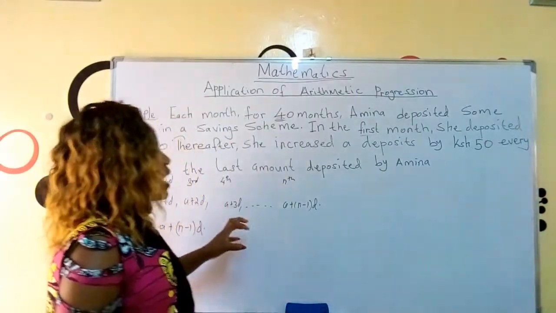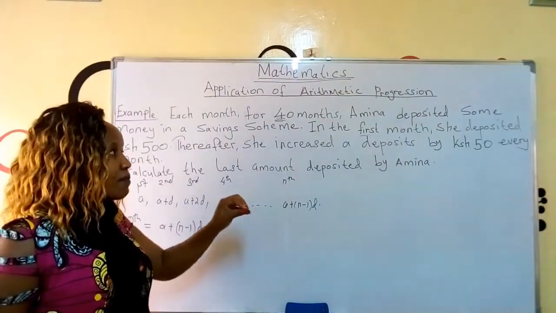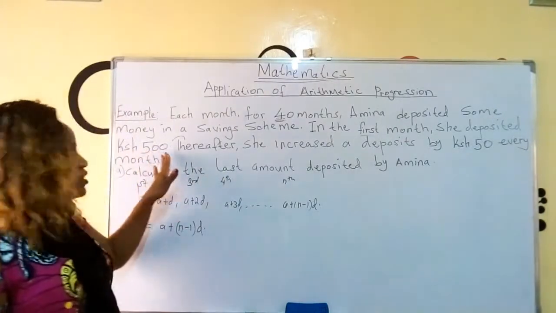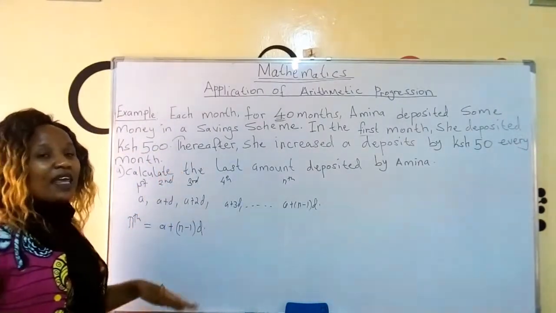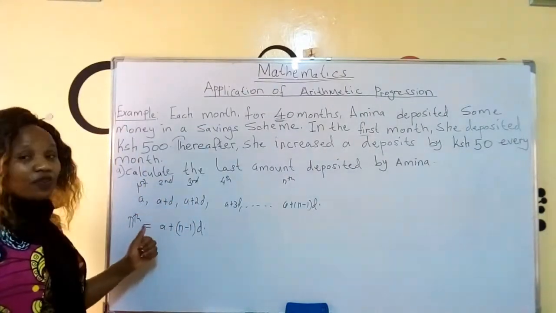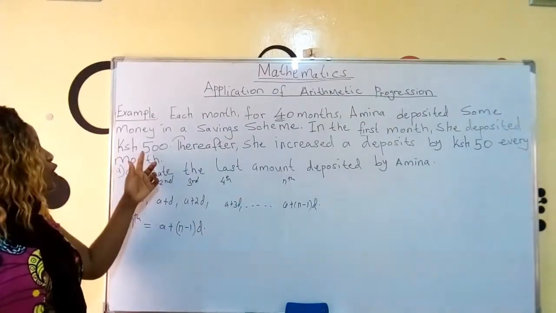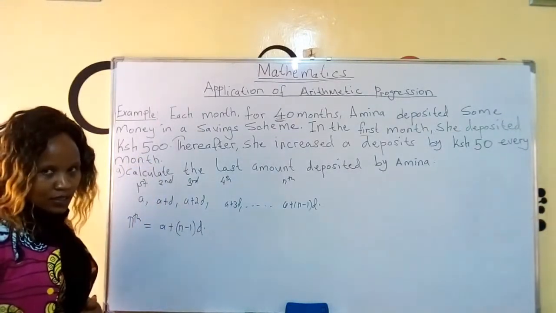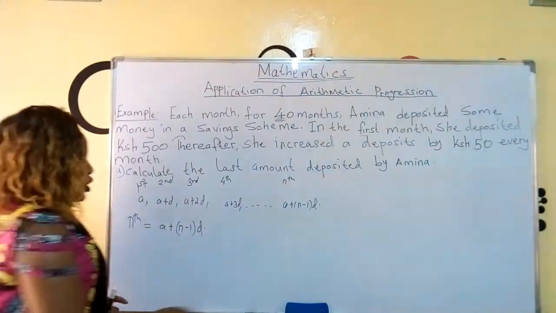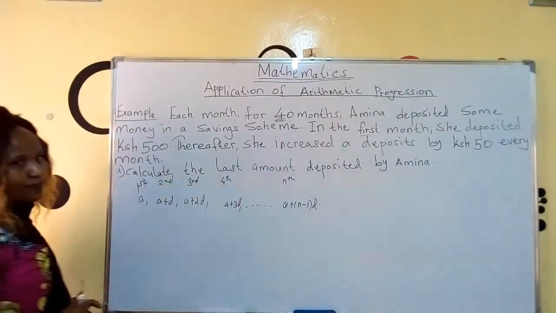So Amina has a savings scheme, and she has saved some money for 40 months. The first deposit was 500 shillings. In the second month, which is the second term of the arithmetic progression or sequence, it will be 550. All right? So if we can try to see how the actual terms are.